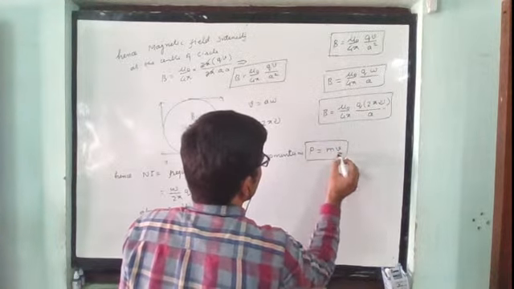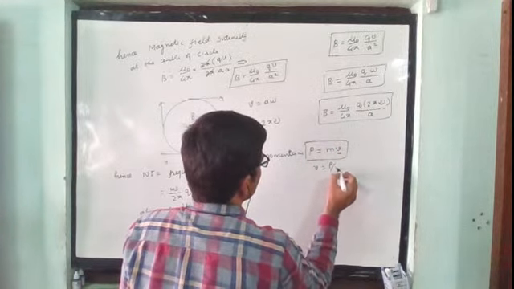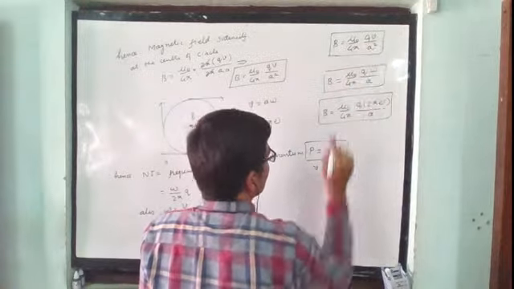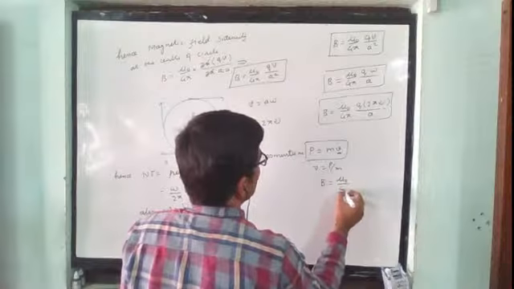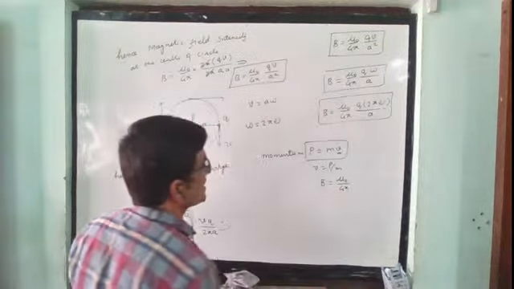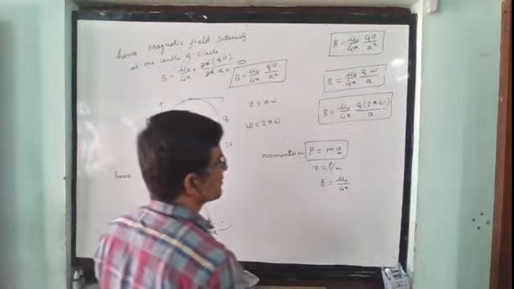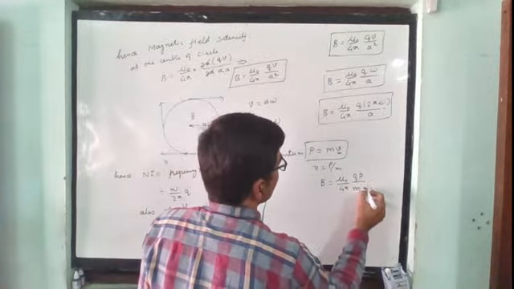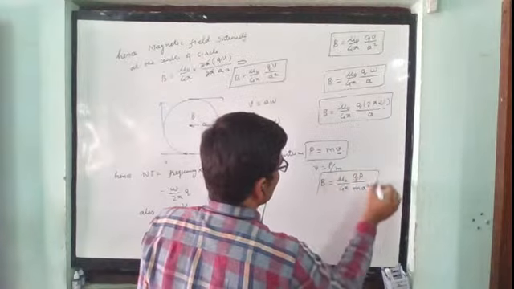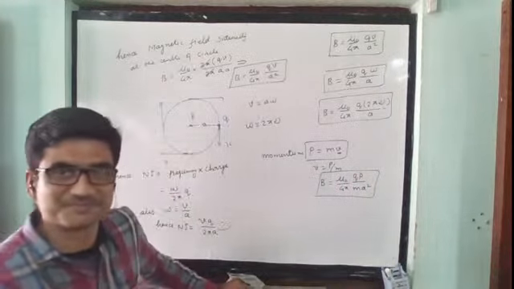So we can write V is equal to P by M. So we will get it in terms of momentum. Instead of V, we will write P by M, Q P by M.